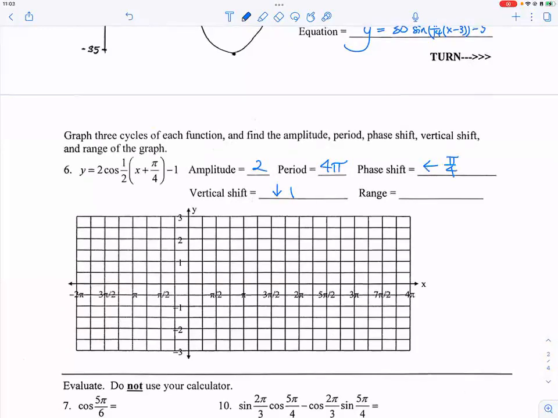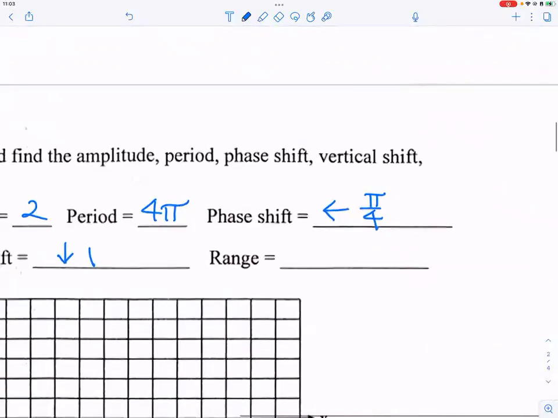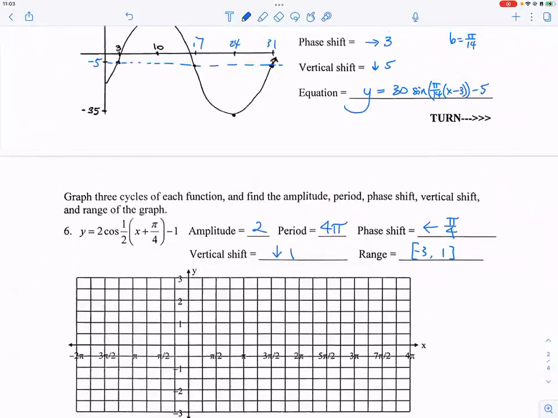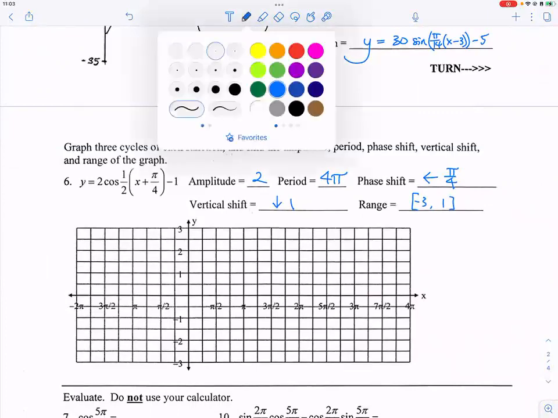So original range, it's from -1 to 1, and then there's a 2 in front of it. So -2 to 2, down 1 unit. -3 to 1.